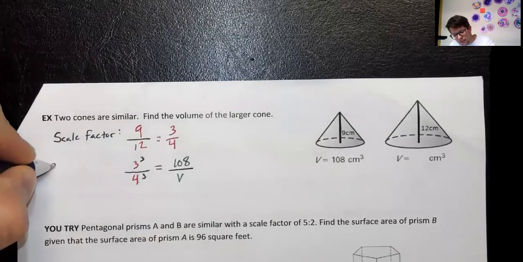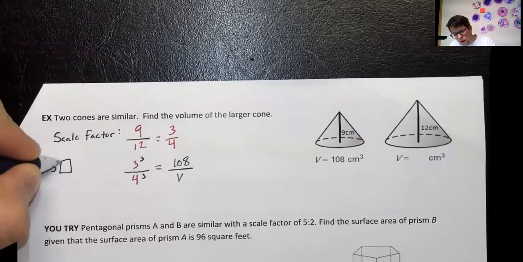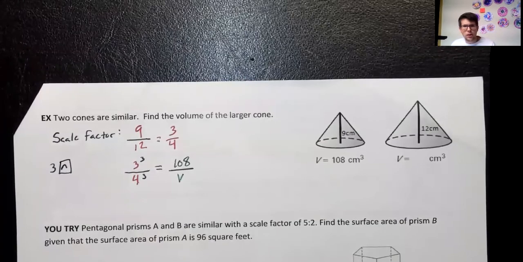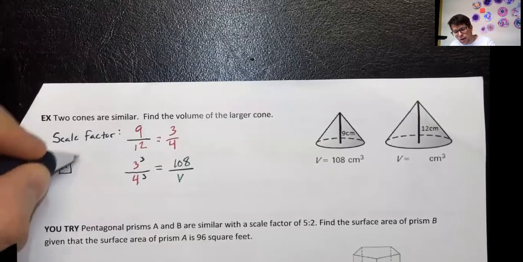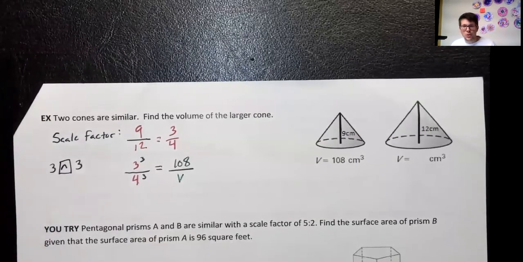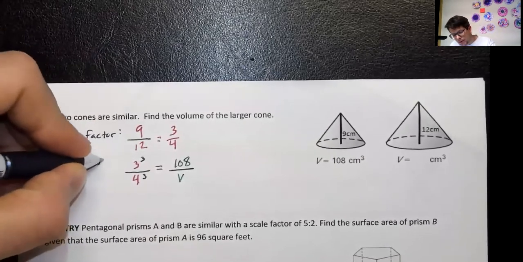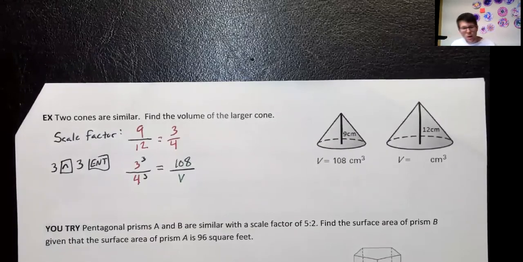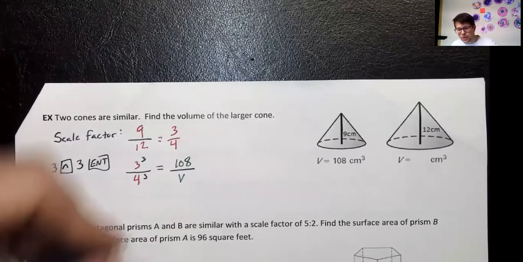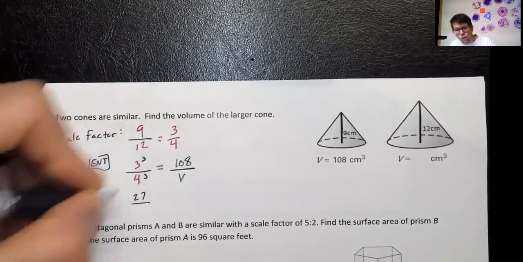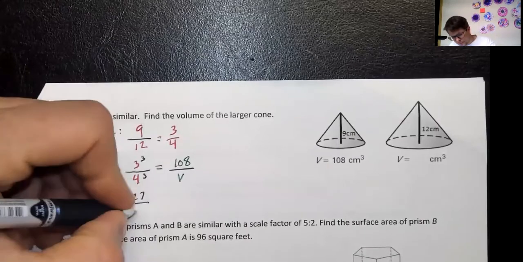So that would be typed into my calculator using a button that is called the caret button, and it looks like a little arrowhead. Then after the caret button, you can tell it whatever power you want. So I'd be typing it in with another 3 for my power, and then I could hit my enter button after that. 3 to the 3rd power is going to be 27. 4 to the 3rd power is 64.